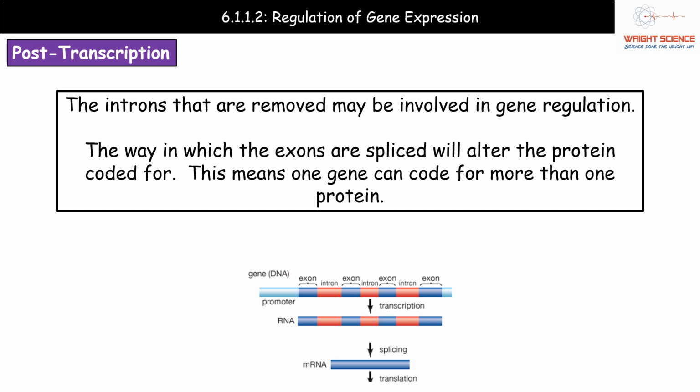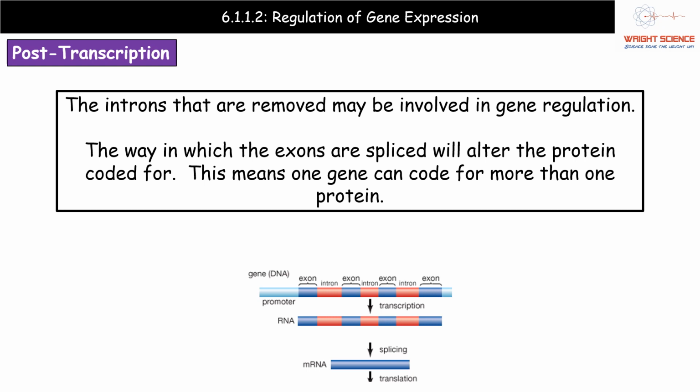It's not a case of we've cut these sections of the mRNA out and that was a complete waste of generating them, because these introns that are being removed can be involved in gene regulation. So what that means is that once we've removed those introns, they may actually have a role in regulating certain other genes within the cell.